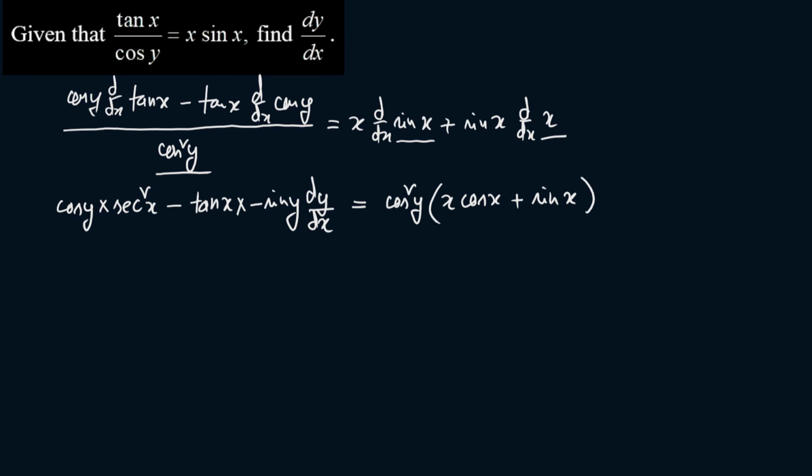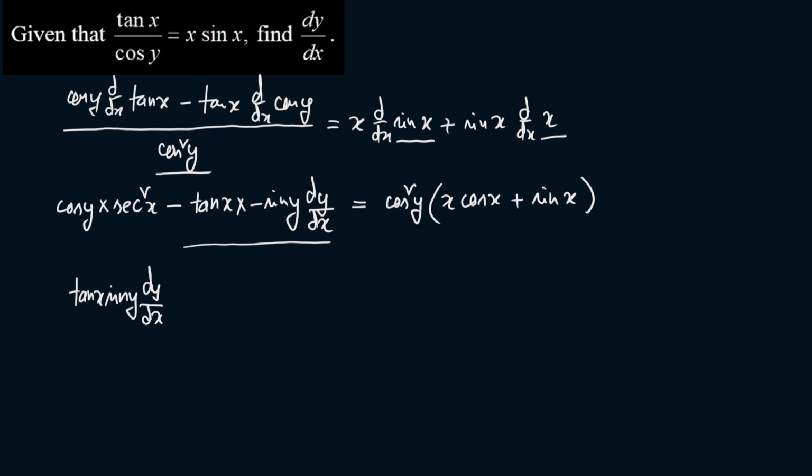Now our target is to make dy by dx as a subject, so it's easier. Only one expression has dy by dx, this is the expression, so you can write it, minus minus positive, plus tan x sin y dy by dx.